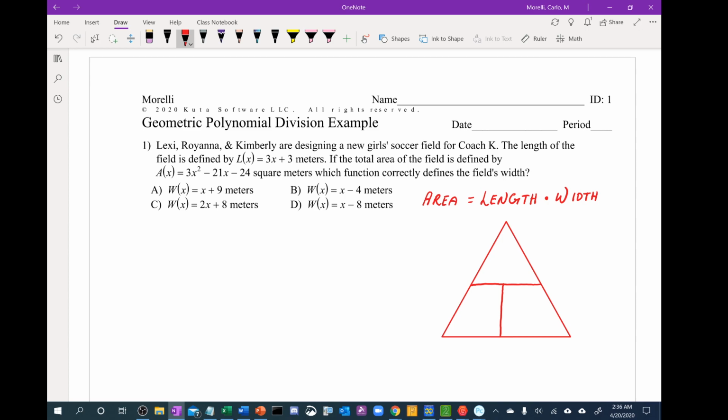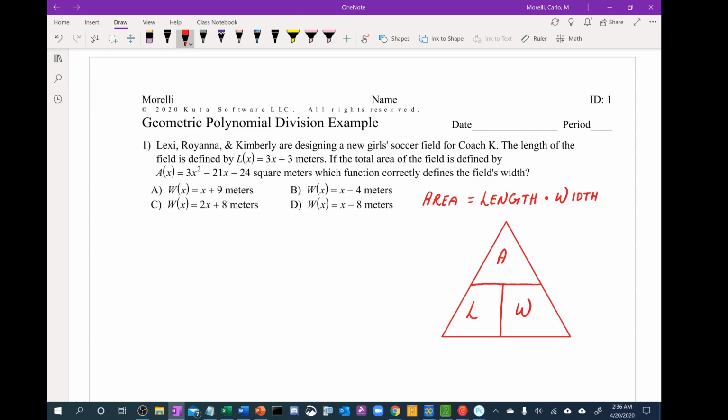So that means that A for area is put up here in the top of the triangle, and it's equal to length times width. Now this would be really helpful because this little triangle also tells you how to find any of the others just based on the other two.